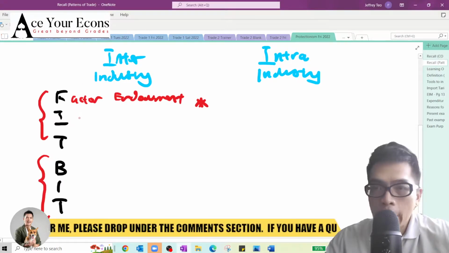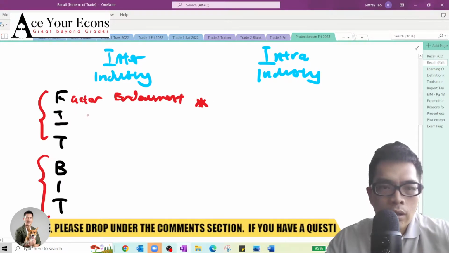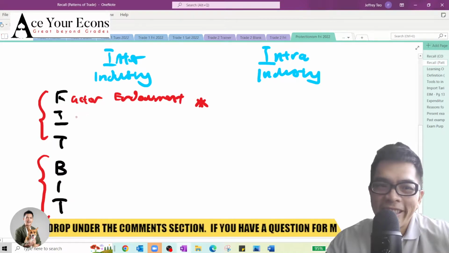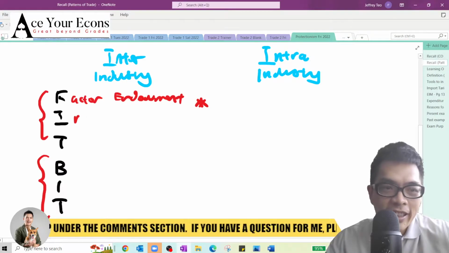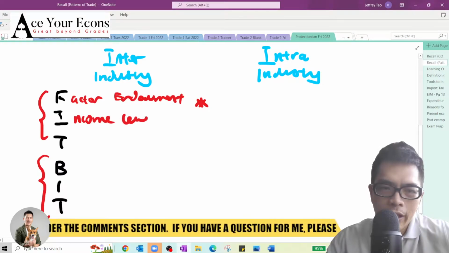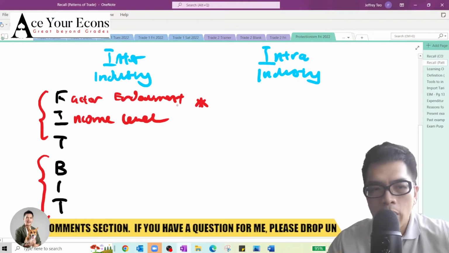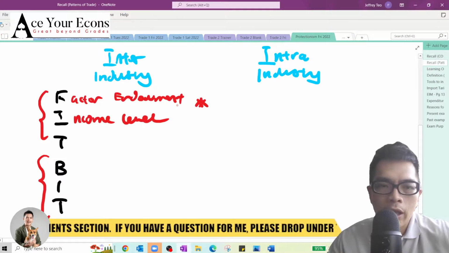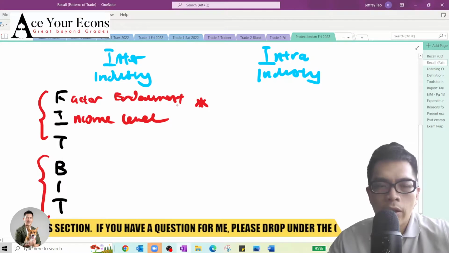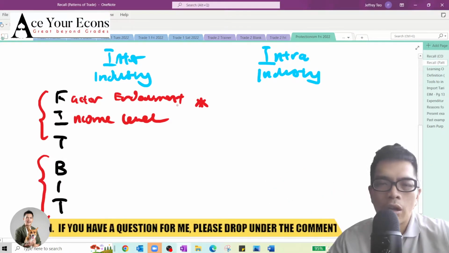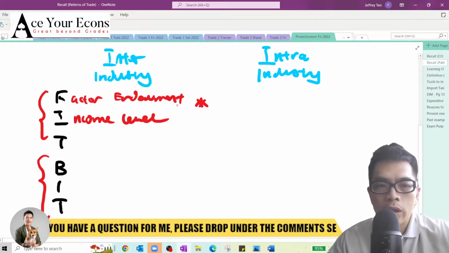We also have, what does I stand for? It stands for income level. Good, Ravati. So it simply tells us that depending on the income level of a particular country, there could be a greater demand for luxury goods, necessity goods, or a fall in demand of inferior goods.